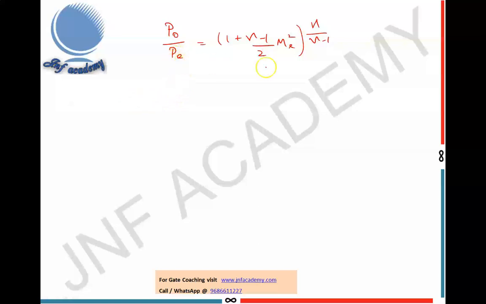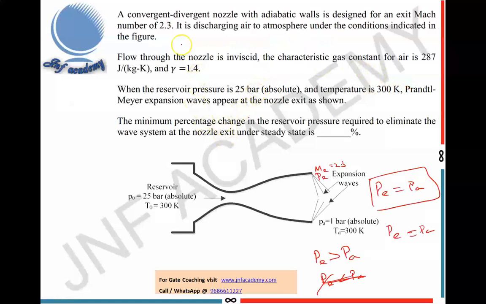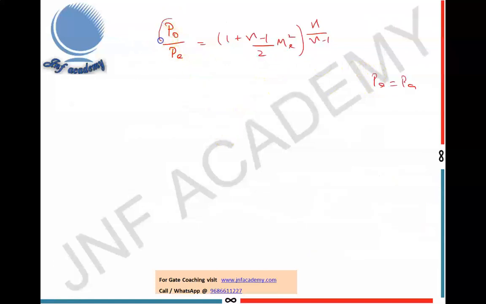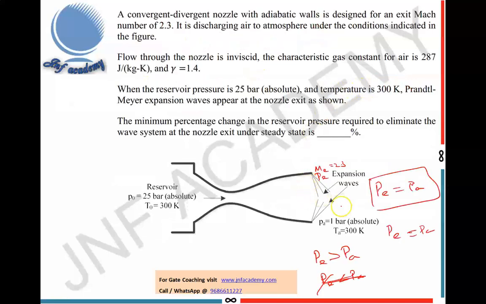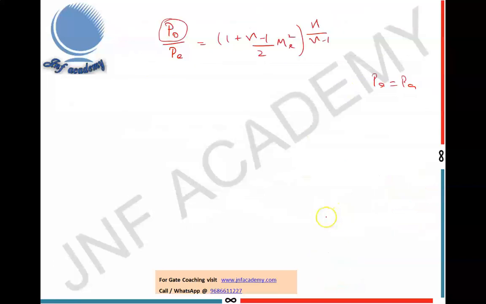Now, if you want your PE to be equal to PA for the same exit Mach number, which is 2.3, what is the inlet pressure required so that for the same exit pressure your expansion fan waves get eliminated? So instead of PE you substitute PA. PA is equal to 1 bar.